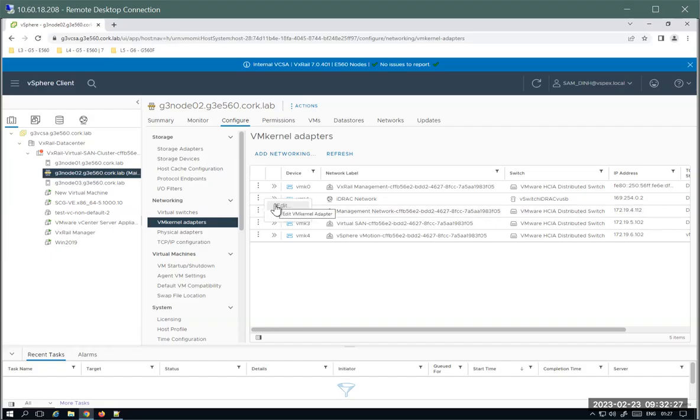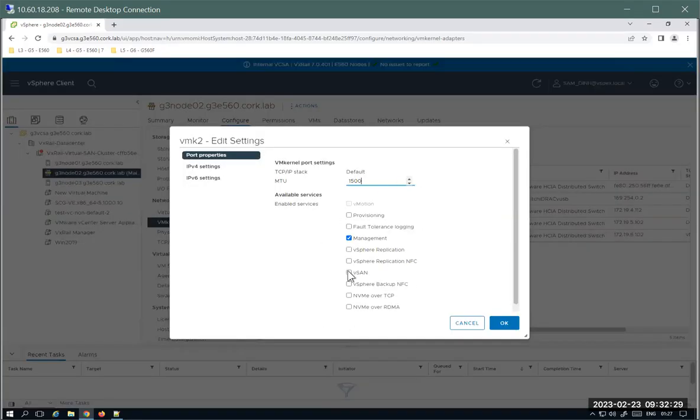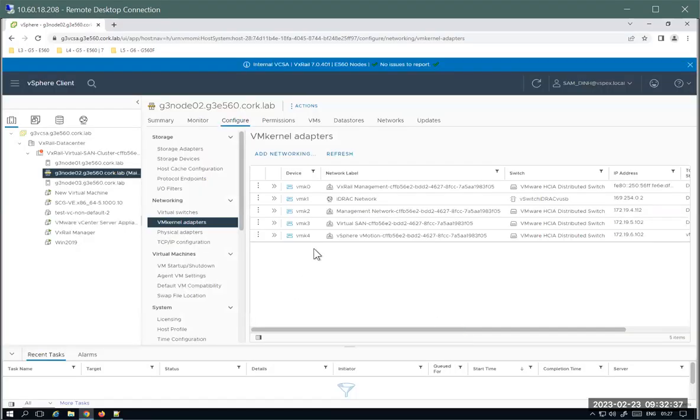Let's say, actually you can combine every service into one VMK for all services, if they are on the same switch, except this one, VMK1. VMK1 is for a standard switch, not for a distributed switch. But we don't do that in VxRail.